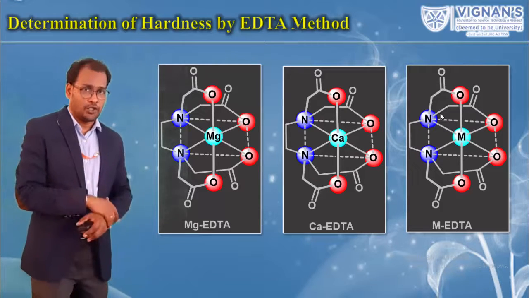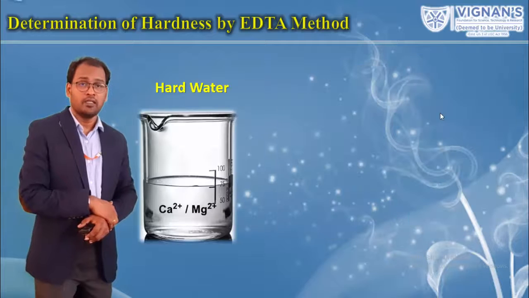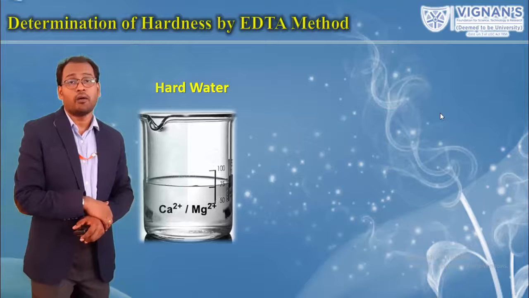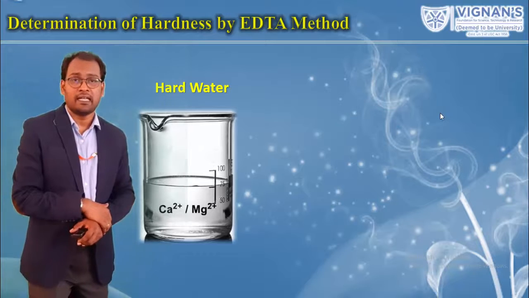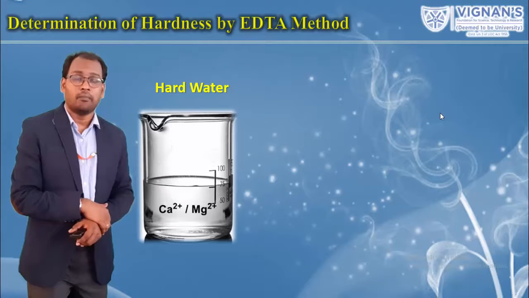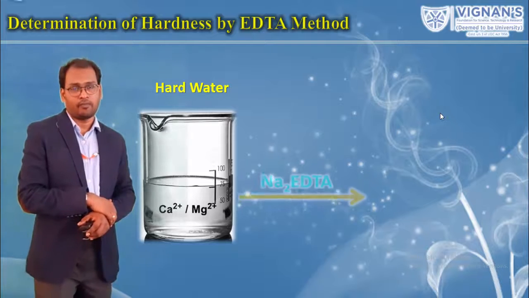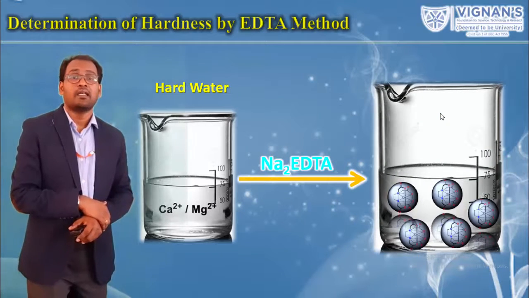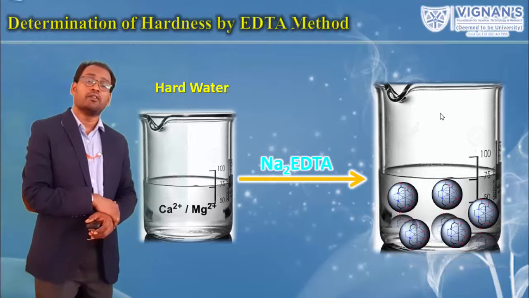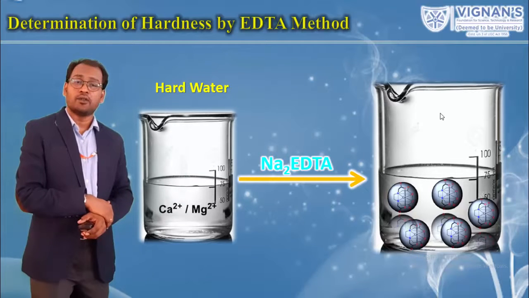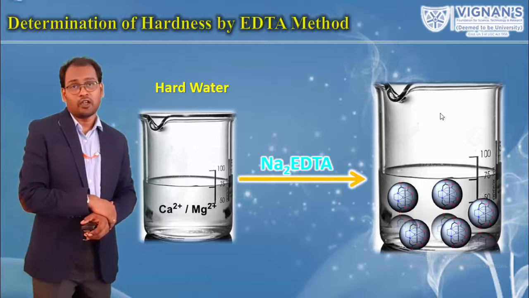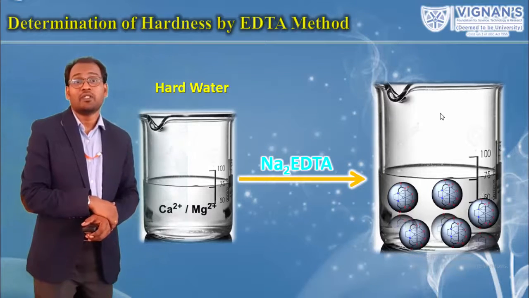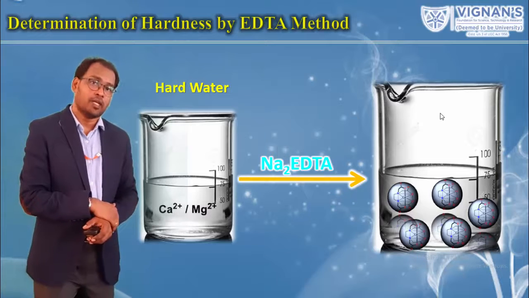Now we have another issue with this one. As I said, complexes are usually colored in nature. But the problem here is the complex of EDTA with metal salt is colorless. When you take hard water and add the disodium salt of EDTA, it forms a complex, but that complex is not colored, so you will not be able to visualize whether the complex is formed or not.